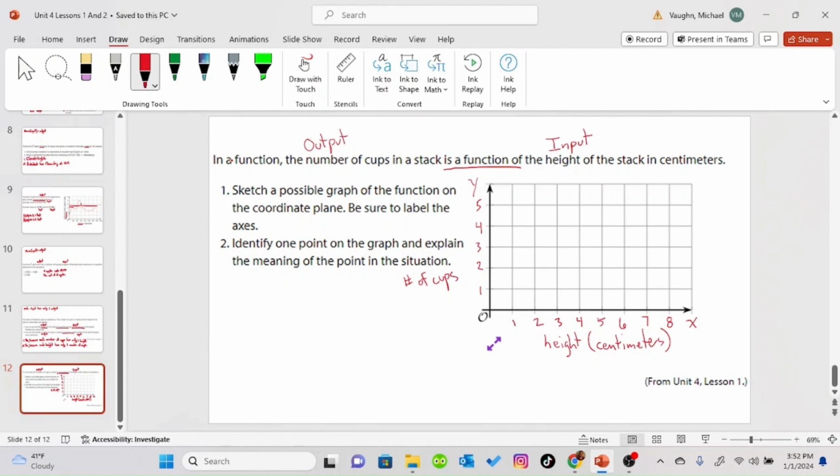So, if we said the initial cup was 5 centimeters, we could put a point right here.